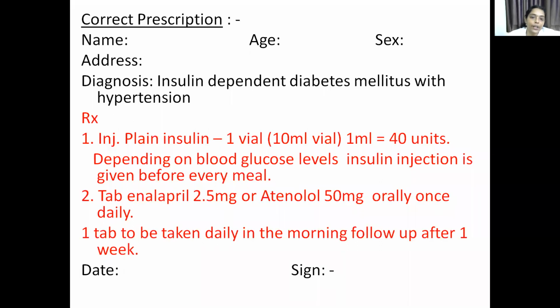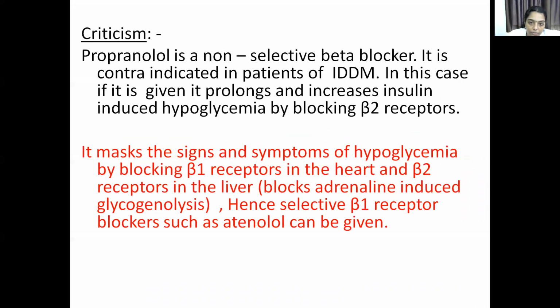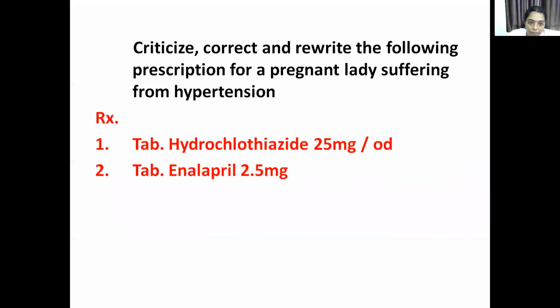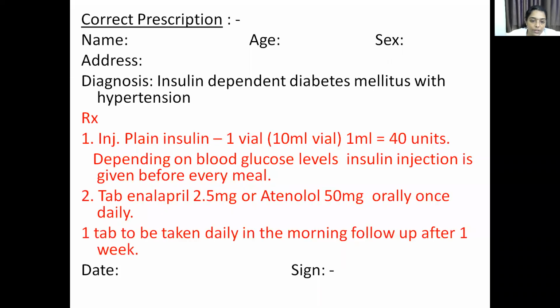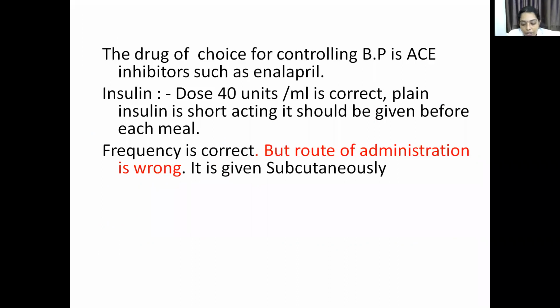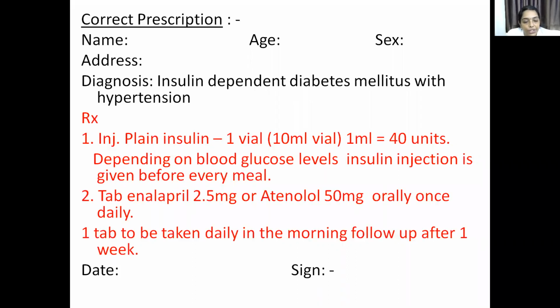Then comes the next one. Okay, so this is the correct prescription. Till now we have discussed the criticism. If we have to see the correct prescription, it is injection plain insulin, 1 vial.